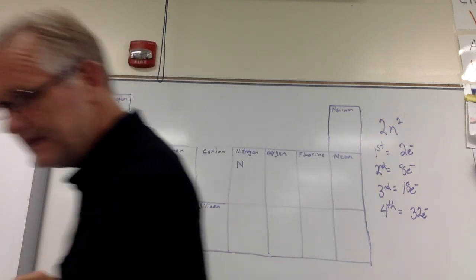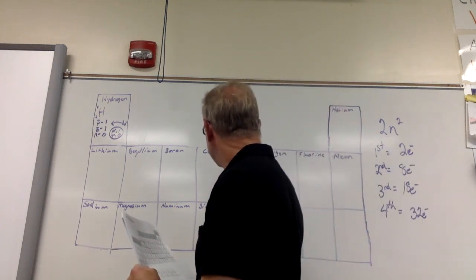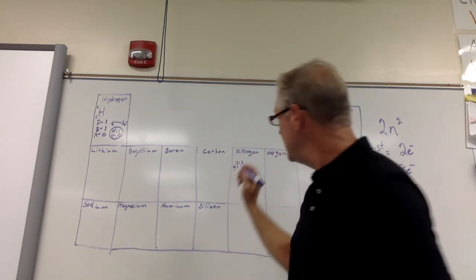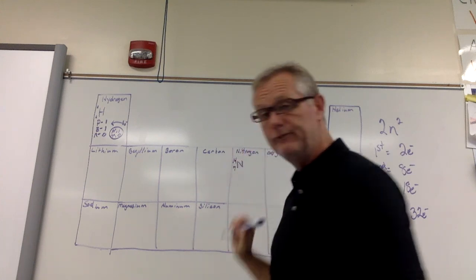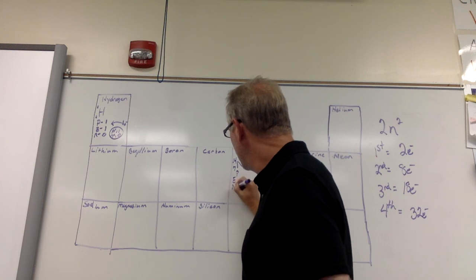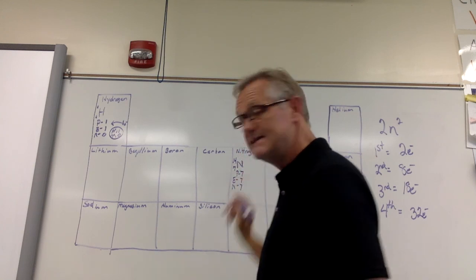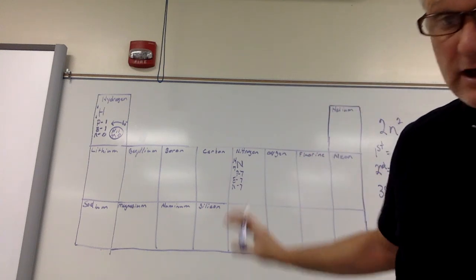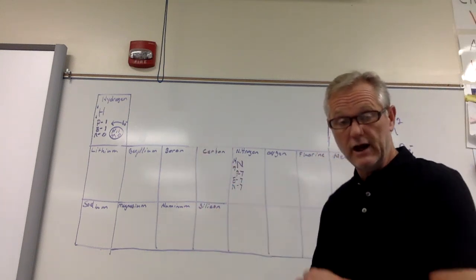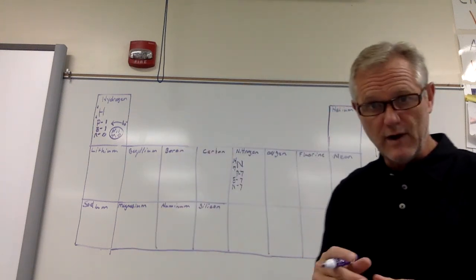I look at nitrogen on my periodic table, and I see that it has an atomic number of 7 and an atomic mass of 14. So now when I do its PEN number, I get 7, 7, and 7. If anybody's having any problem with getting the nuclear expression, you need to see me individually and we'll go back over it. That way I'll get you right on track.